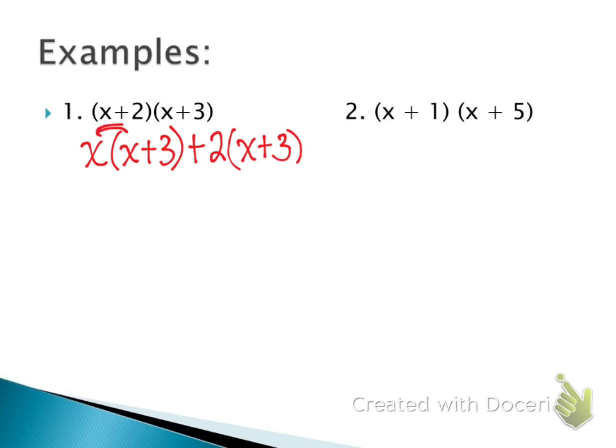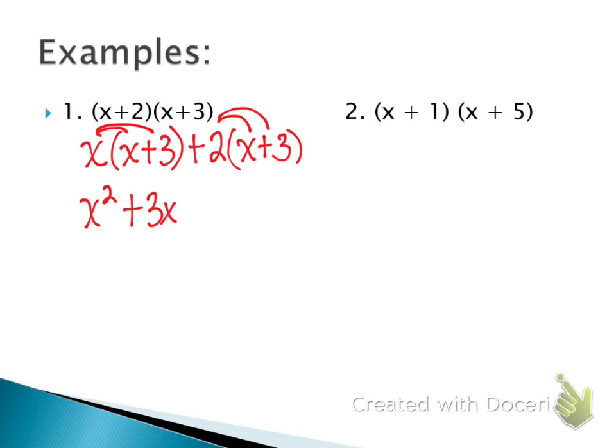So we have to distribute x into those parentheses. Kion, when I distribute that x, what do I get? X squared. What else? Plus 3x. Make sure you're using your signs. Then I have to distribute the positive 2 into the back.